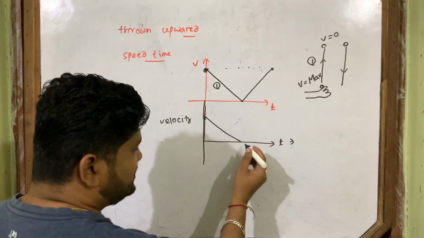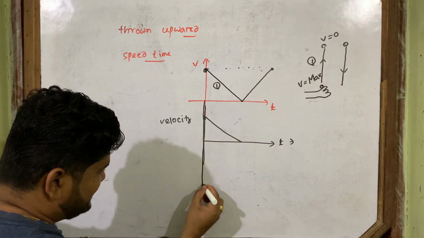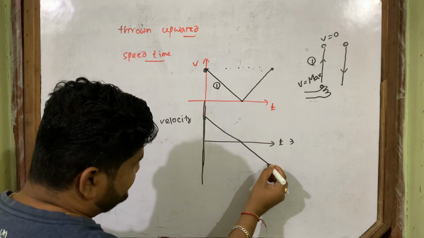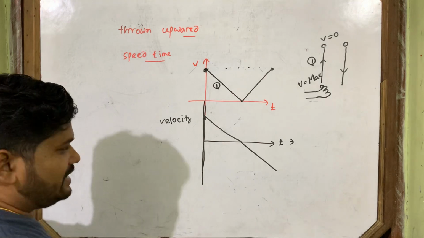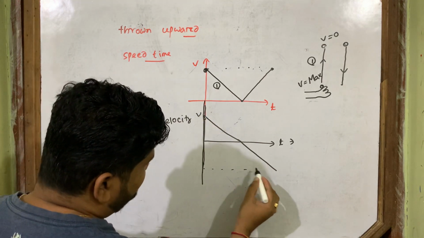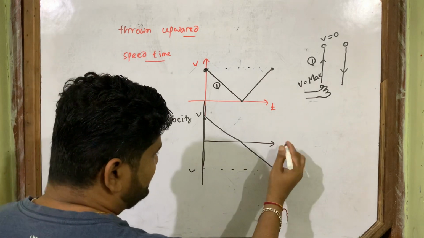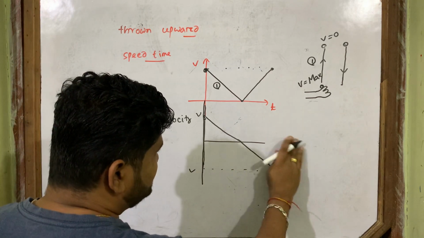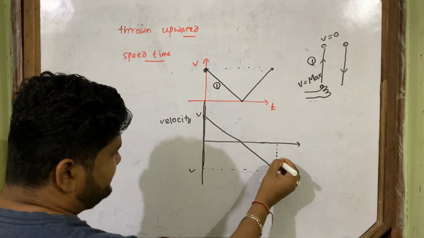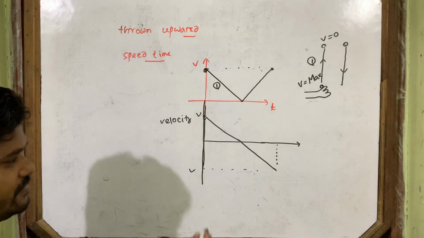Because these directions are opposite, it increases on the negative axis, and the graph will continue like this. With how much value it started here, that much value it will touch on this side, but negative. And these two areas will be equal.